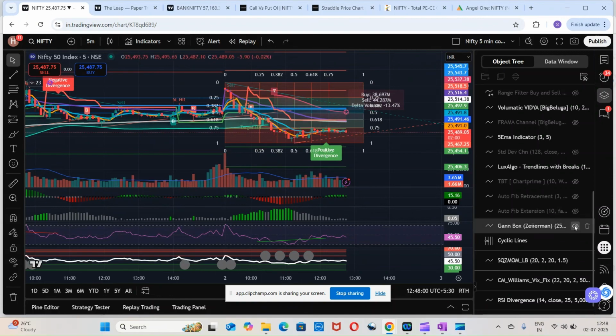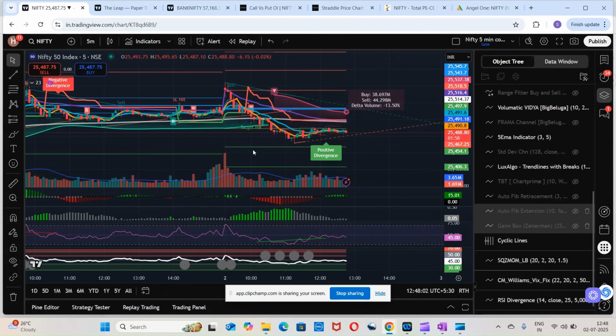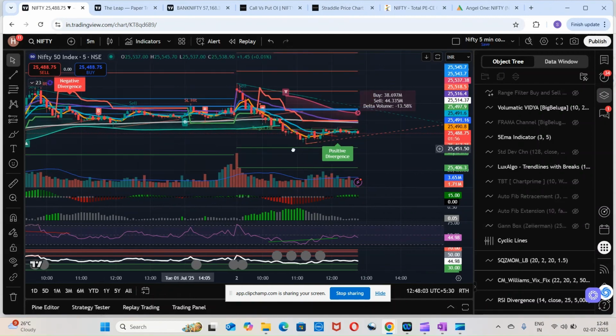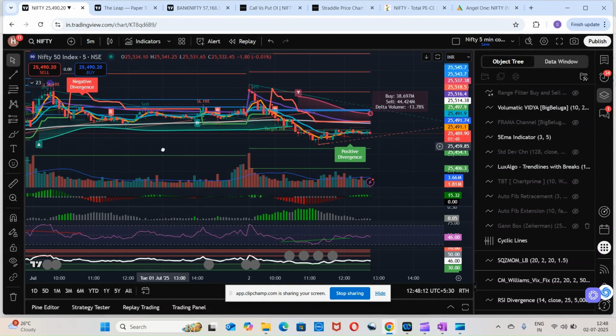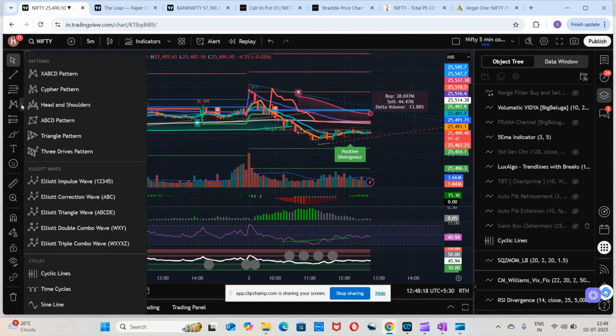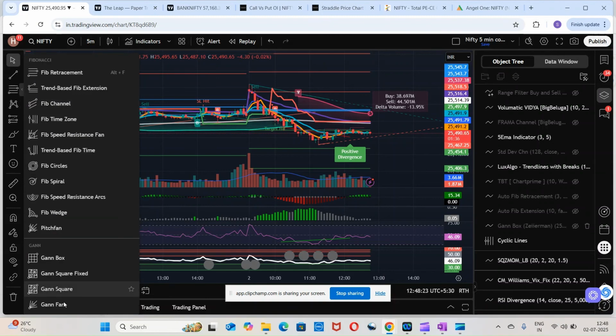So let me show the Gann fan. If we do the Gann fan, swing high to low, as they said. So where is that? Not here. Gann fan.